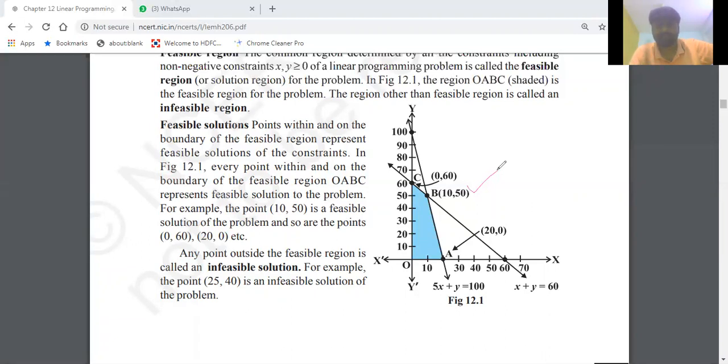He cannot spend more than 50,000 rupees. So how many tables, how many chairs does he need to purchase so that he can get maximum profit? That is the question. Now you tell me the answer. He has to purchase 10 tables, 50 chairs to get maximum profit.